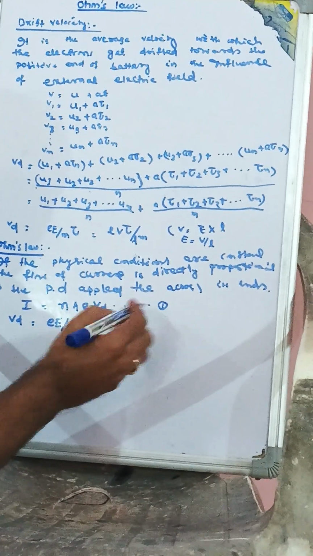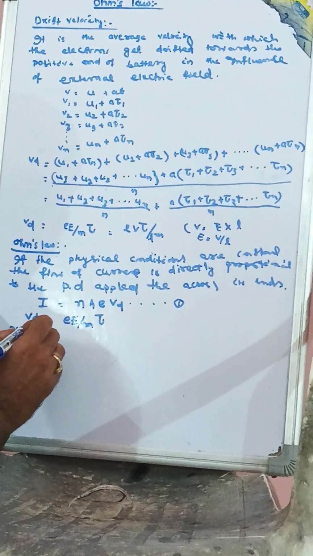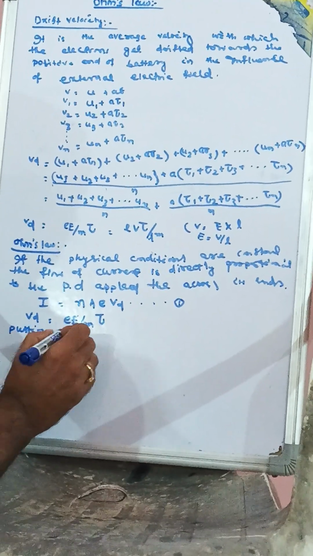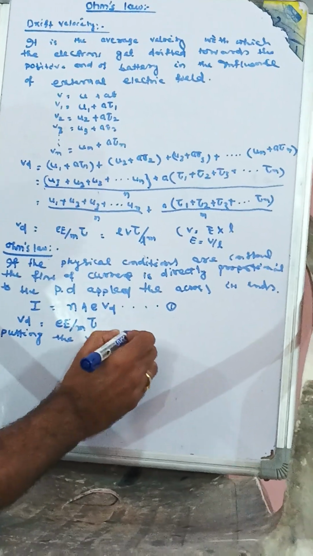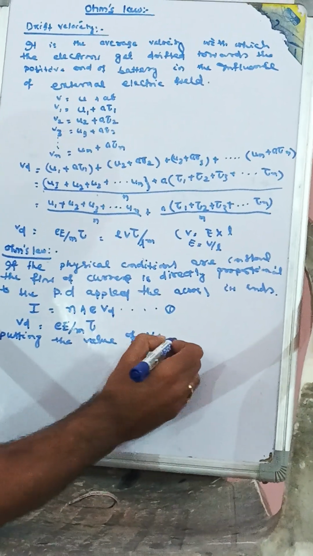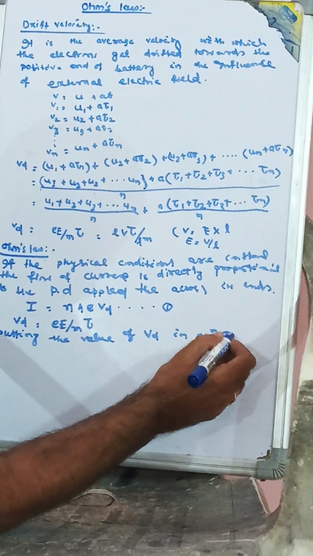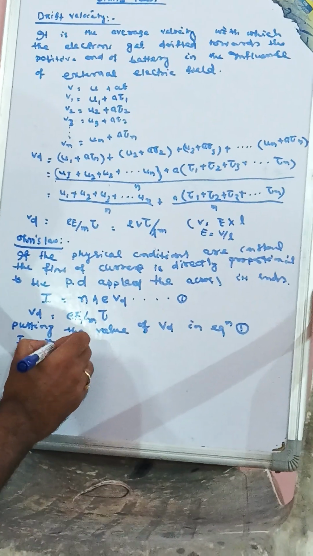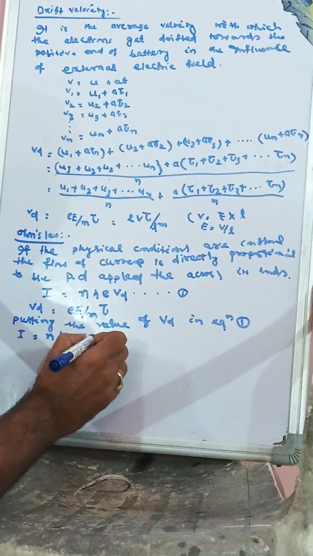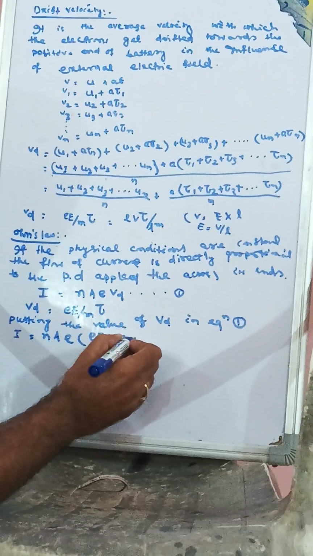We put the value of Vd in equation 1. Then what will we get? We will get n A e times eE divided by m into tau.